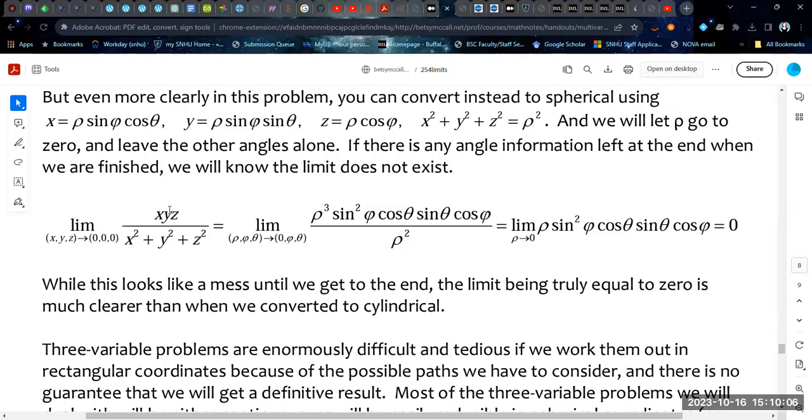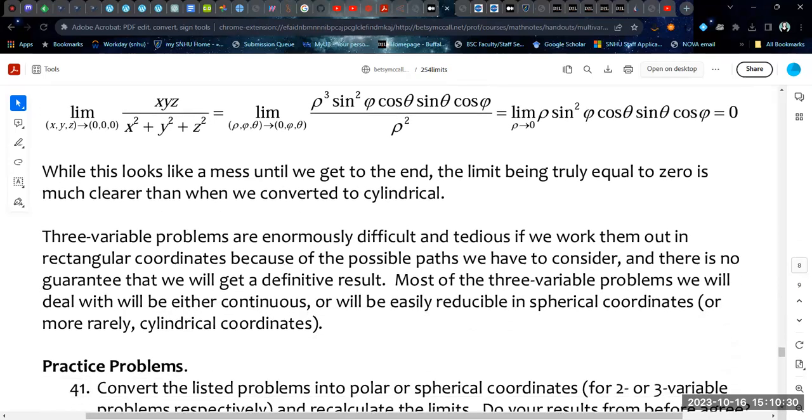The denominator is rho squared, but x, y, and z all have a rho in them, so that's a rho cubed. And so even though these things are left over, when I cancel the rhos, I have a rho going to 0 left in the numerator. And so what these values are doesn't make any difference. I get 0. So this limit does in fact exist, and the limit is 0.